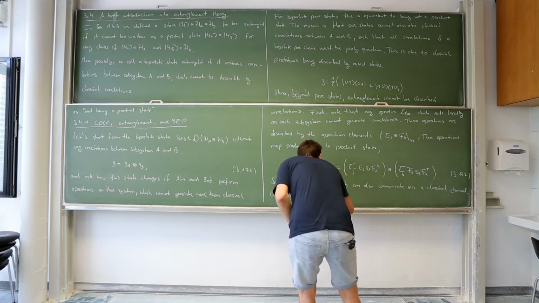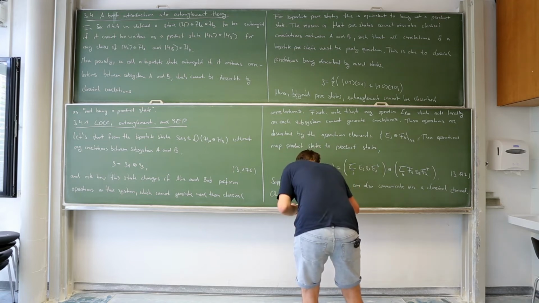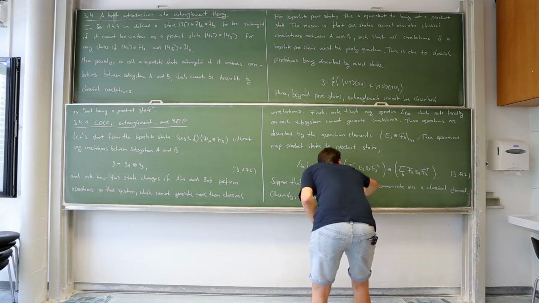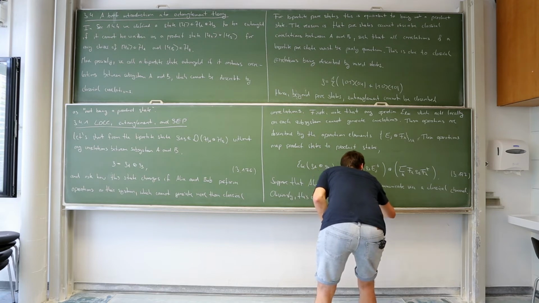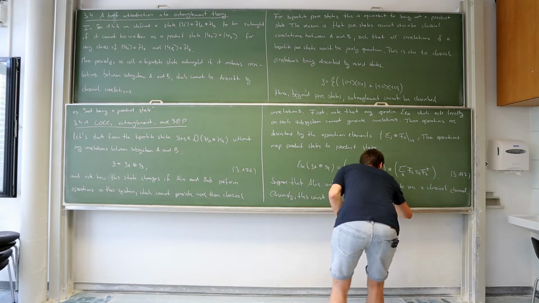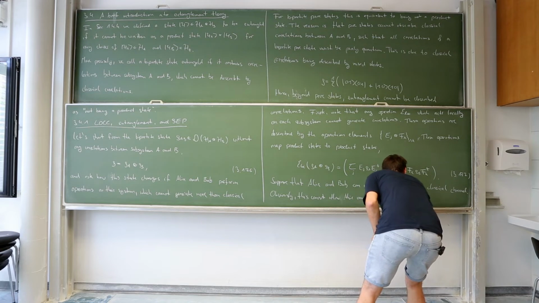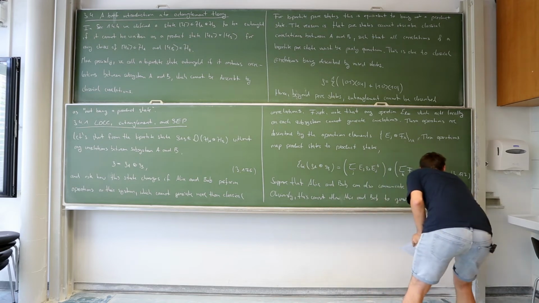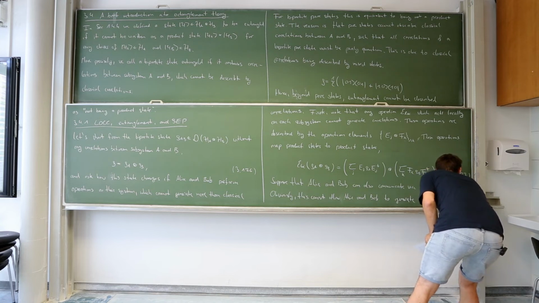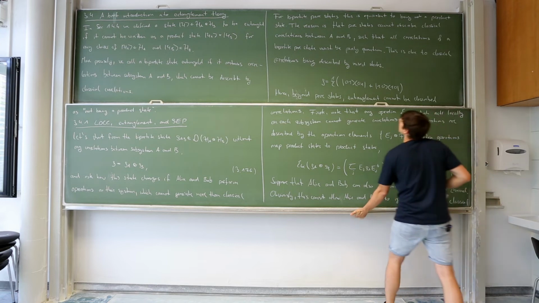This cannot allow Alice and Bob to generate more than classical correlations.